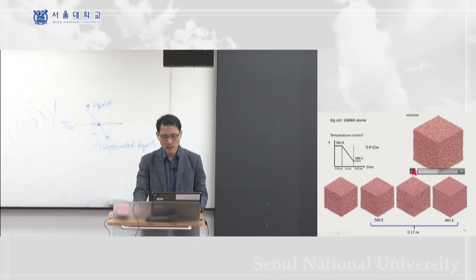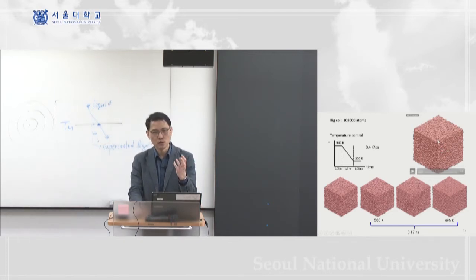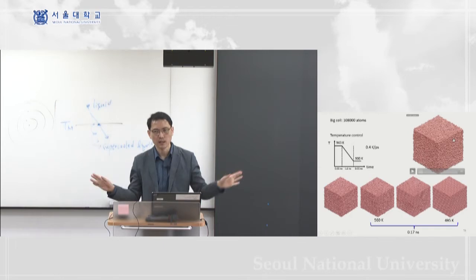Then this small nucleus grows, and eventually it takes up the whole system. So even in this quite big supercell, for simulation standards, we have only one nucleation site, and it will grow.